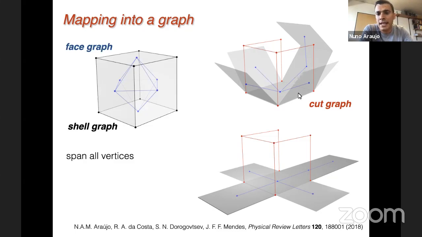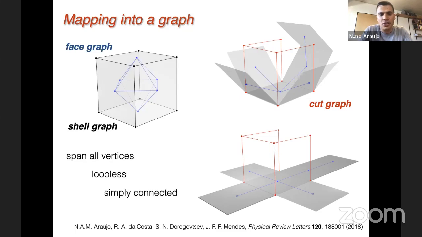The first one is that it should span all the vertices. Assuming that all vertices are in a place where the curvature is different from zero, this means that we'll need to have at least one cut in order to open the structure and make the curvature zero there. So we need to visit all vertices. The second condition is that it needs to be loopless, because if you close a loop in the cut graph, then you will be removing a face. So the cut needs to be loopless.